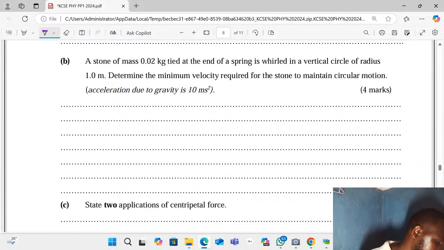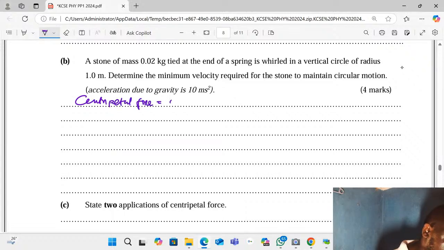In this case, we shall use the formula of centripetal force and its relationship to weight. Therefore, centripetal force equals the weight of the stone.